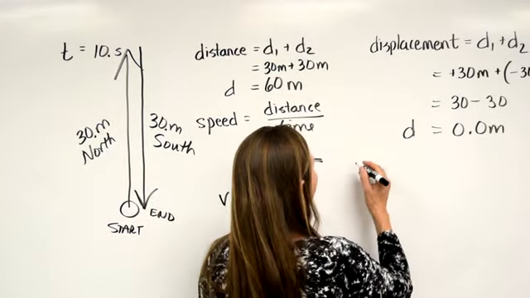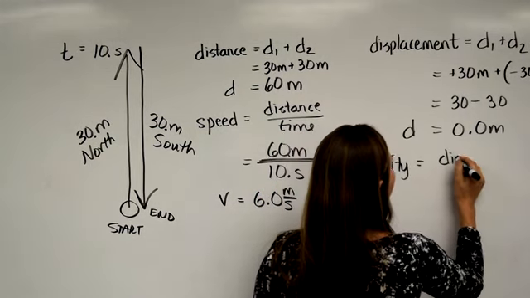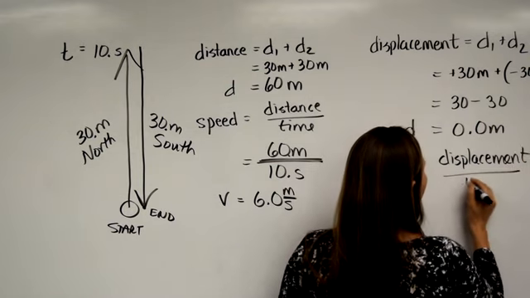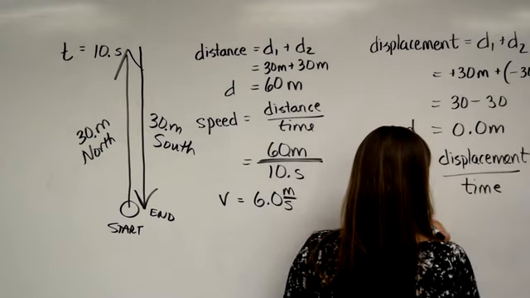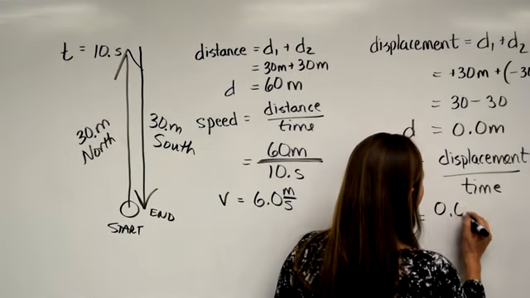So now, when you calculate the velocity, which is displacement divided by time, you find that the displacement is 0.